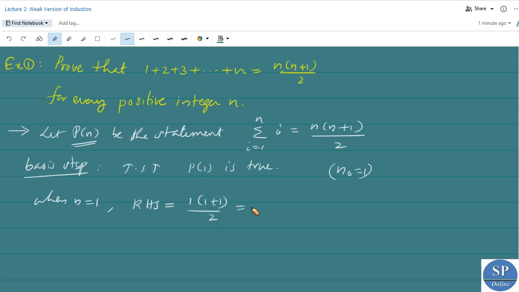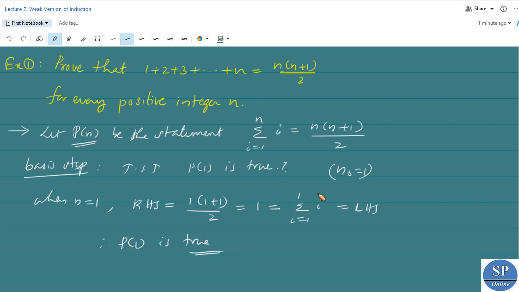That is 2 by 2, which is equal to 1. Left hand side is summation i from 1 to 1 of i, which is equal to 1 itself. So RHS is equal to LHS. Therefore, P(1) is true.